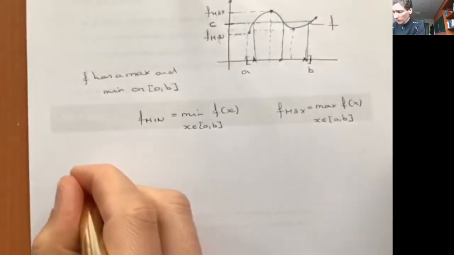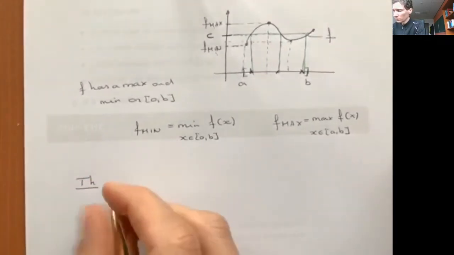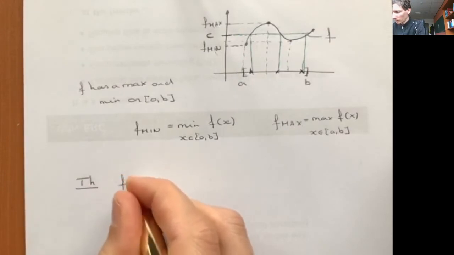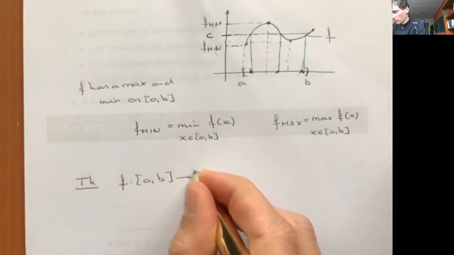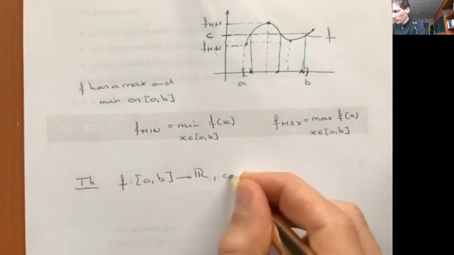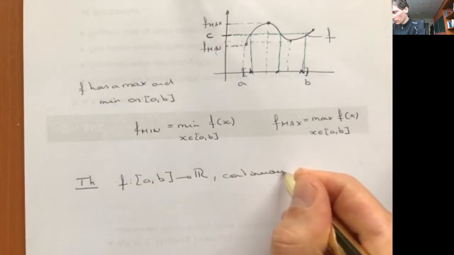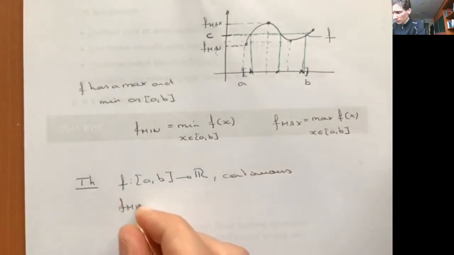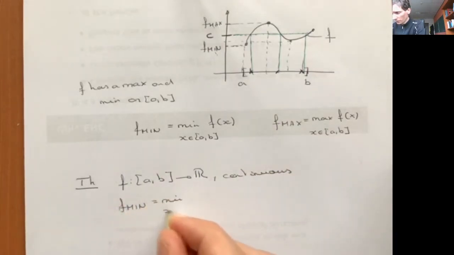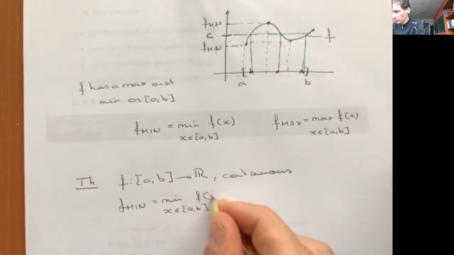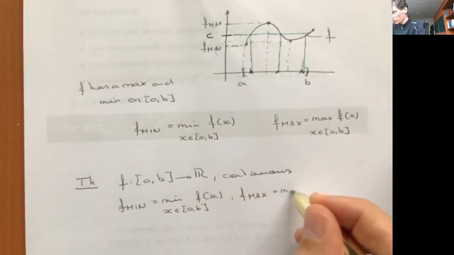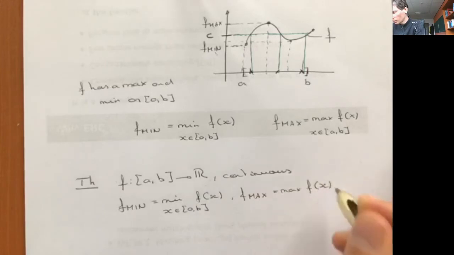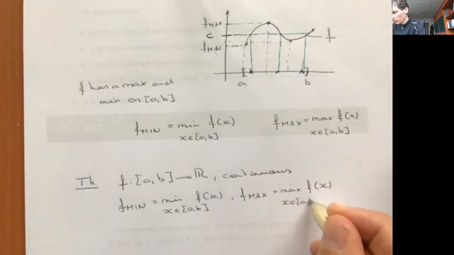So let me state it a bit more formally. We have a continuous function f from [a, b] to R. Then we define f min to be equal to the minimum over all x in the interval [a, b] of f(x), and we define f max to be the maximum function value over all x in [a, b].